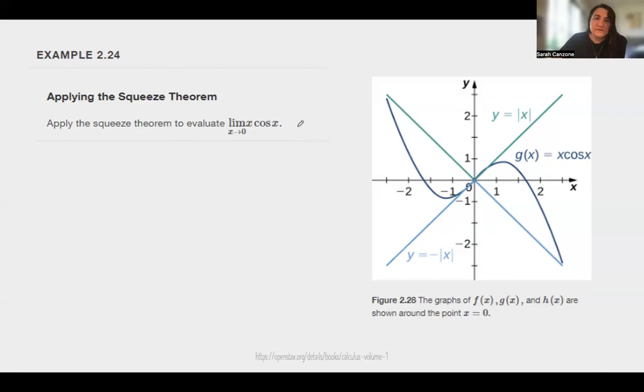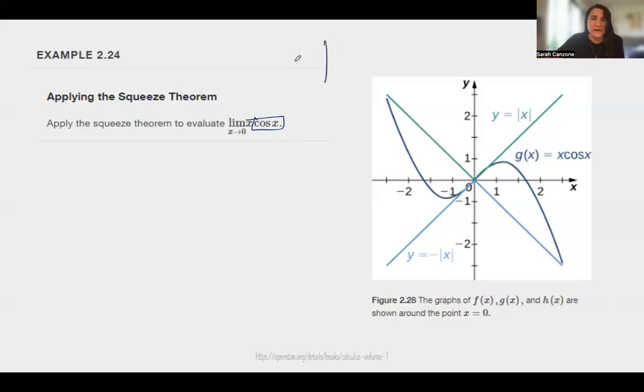So the idea of the squeeze theorem is you want to choose a function that is bounded. What bounded means is that you have a lower bound that is a number and a higher bound that's a number. So when you write it in that interval form that we showed before, f of x less than or equal to g of x less than or equal to h of x, you have an f of x and an h of x that are numbers. Given this function, the cosine is the bounded function. We know that cosine goes between -1 and 1.